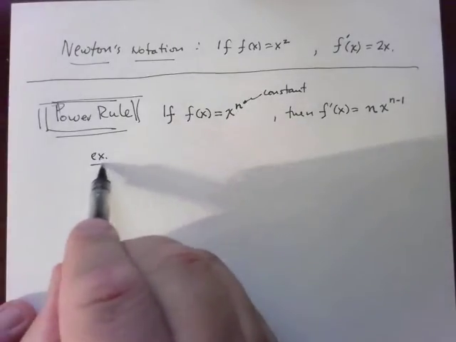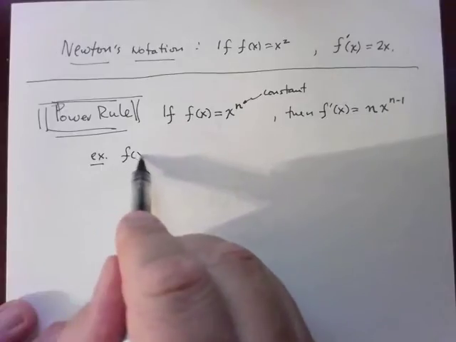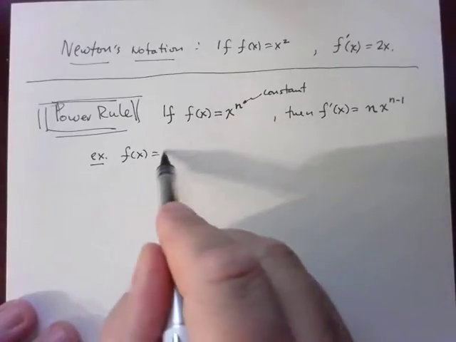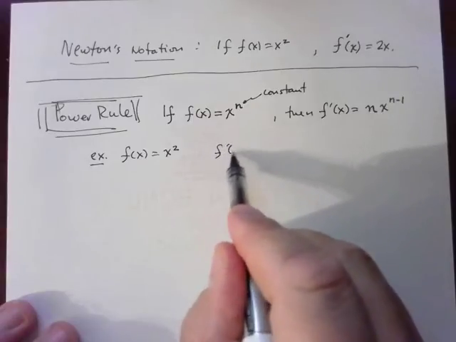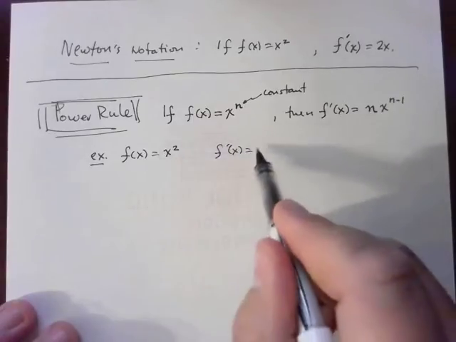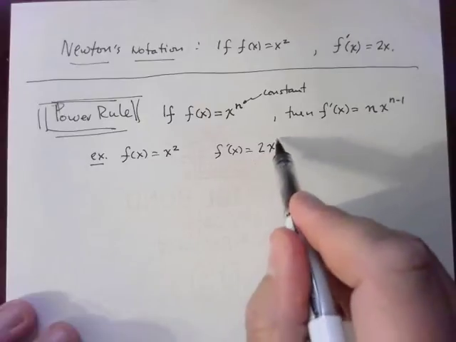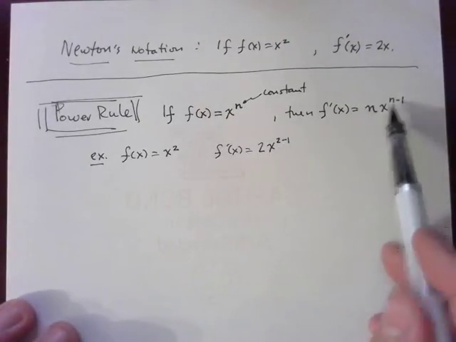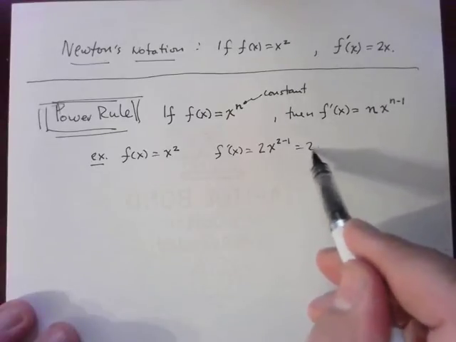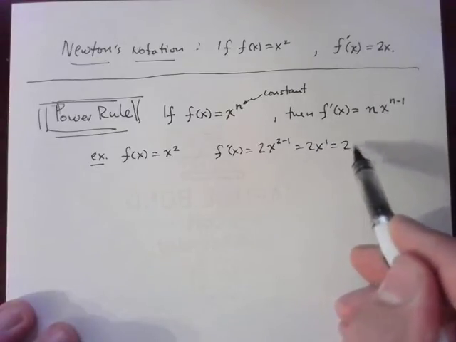So for example, if I do x squared, like we just did, then using the power rule, the 2 comes down in front, x, and we get 2 minus 1. We reduce the power by 1. And that, of course, is just 2x to the first, which we already got. It's 2x.